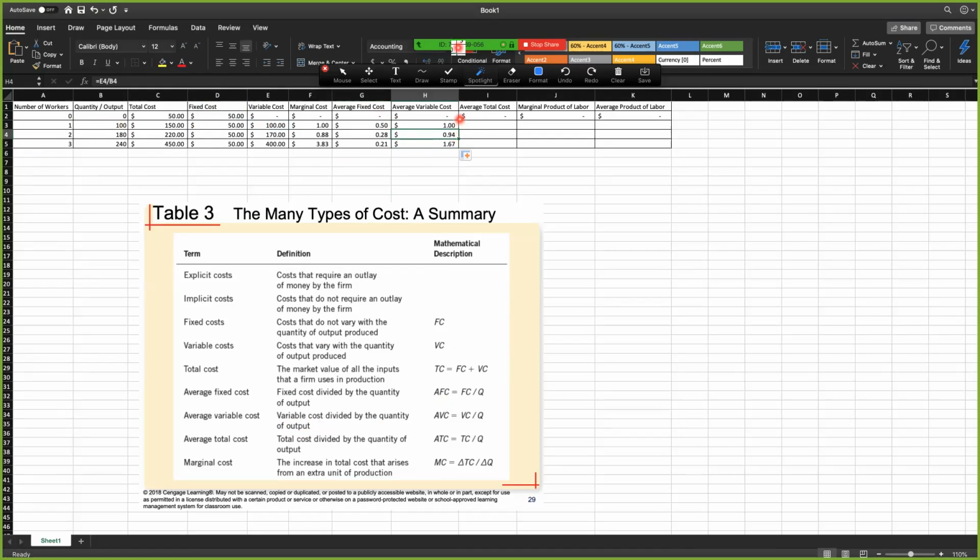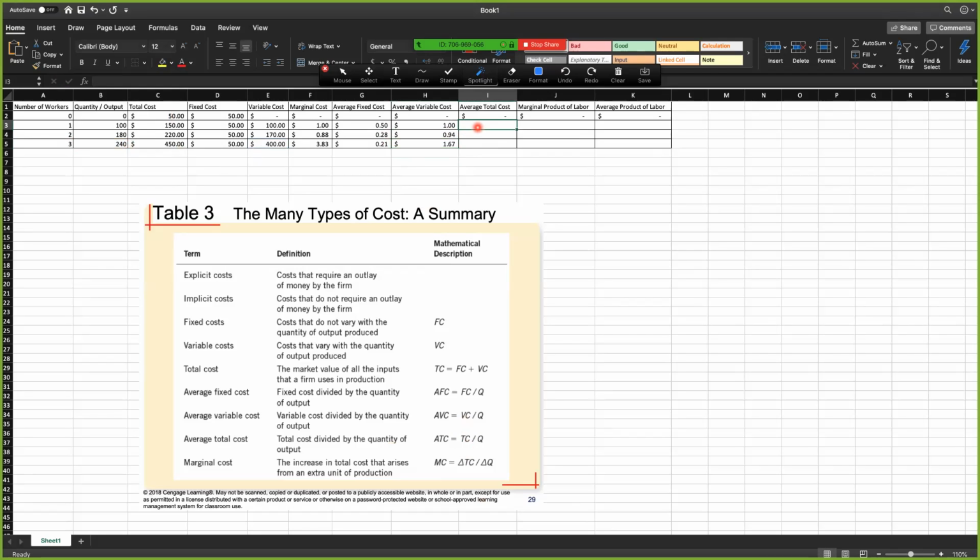It's effectively $1 initially, then as we produce more, it drops to 94 cents. And finally, it is $1.67. So effectively we're taking the variable cost, VC, and dividing it by the output or the quantity.